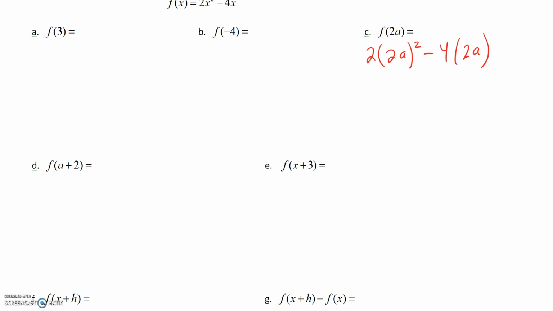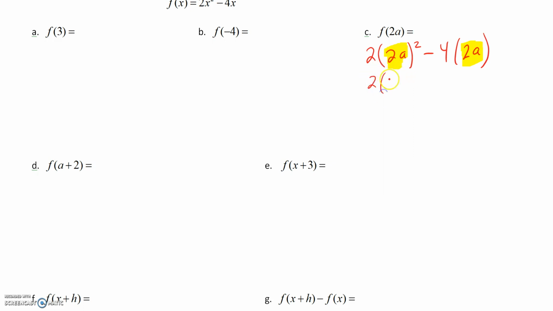So the first example I'm going to go over is C, where your input is 2a. I already wrote it out, where the x value for the function f is 2a. The reason I'm starting here is that the most common mistake is squaring only the a and not the 2, because this represents 2a times 2a, which is 4a squared.